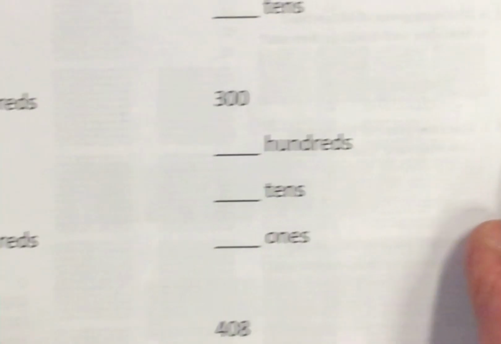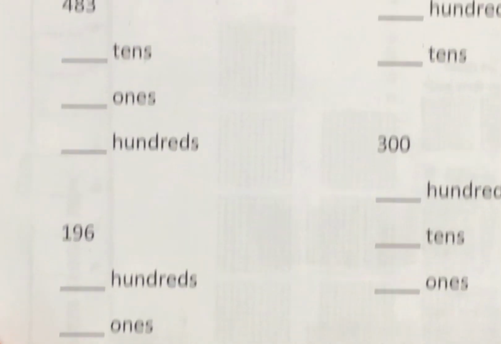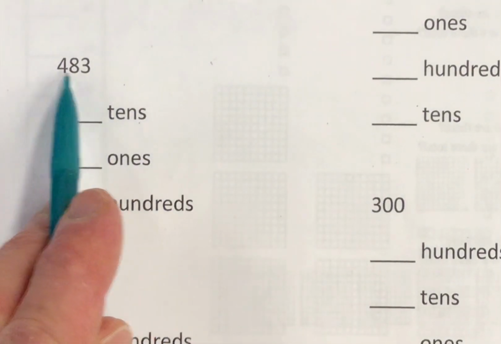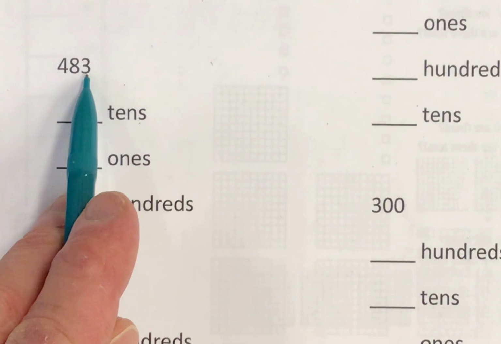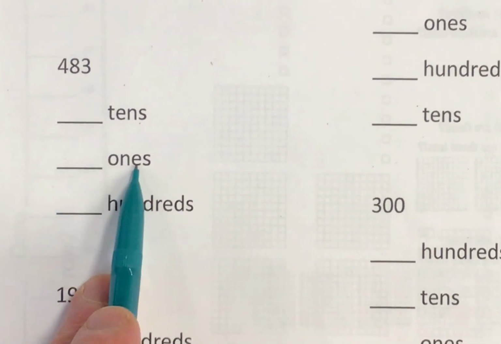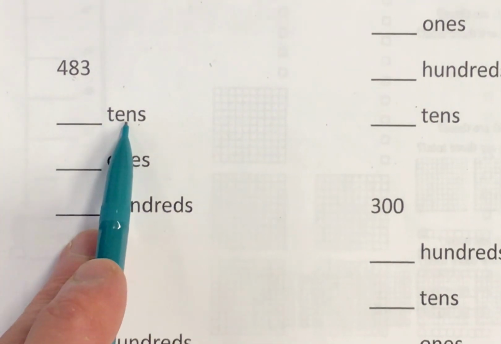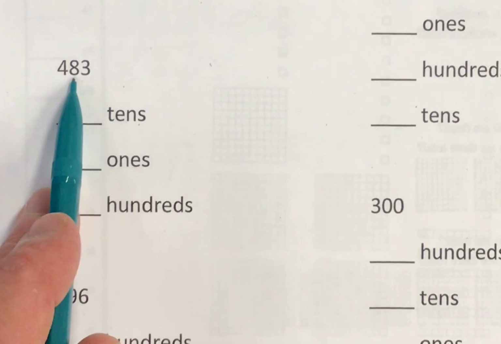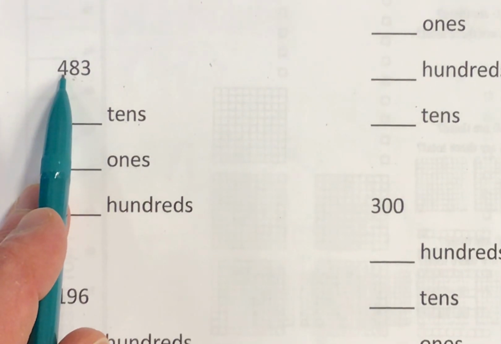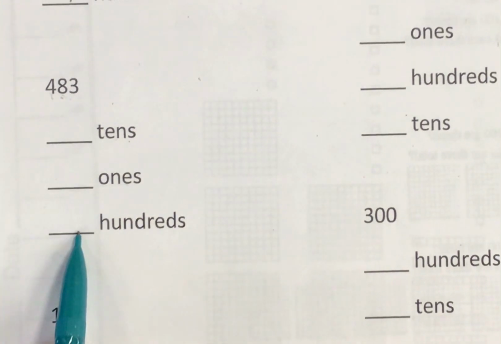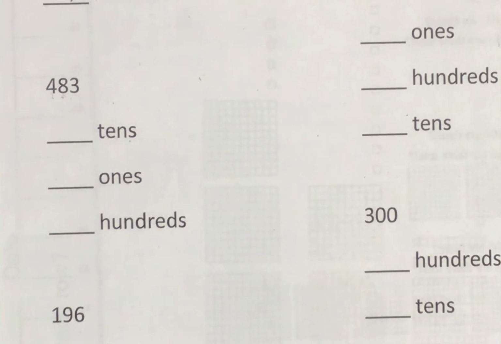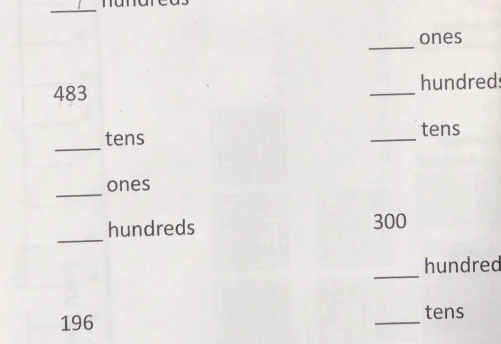If you remember the pattern, you'll get them all right. Ones, tens, hundreds. 3 ones, the 3 will go in the ones. Ones, tens, 8 tens. Ones, tens, hundreds. 4 hundreds. Okay, let's go to the last page.